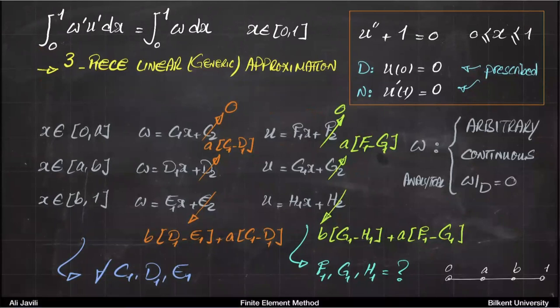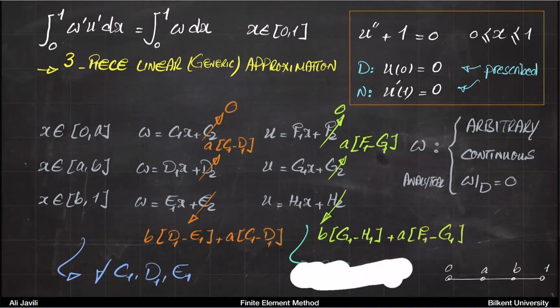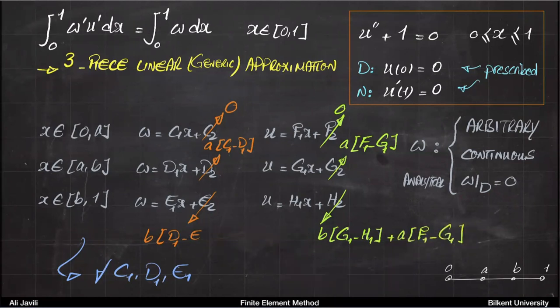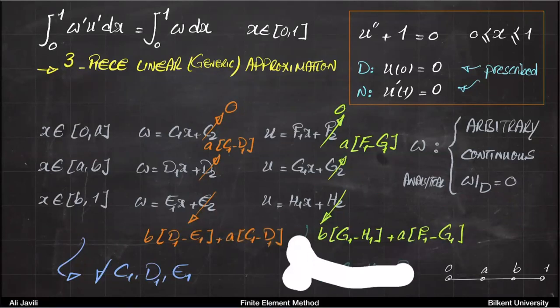Now, assuming that we have all of what we just discussed, let's clean up this part and write the weak form.